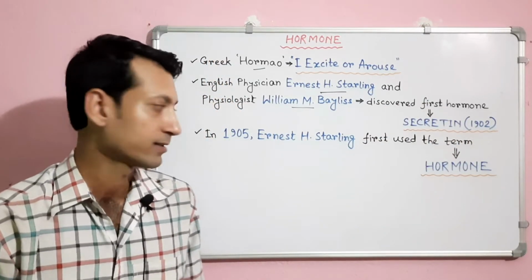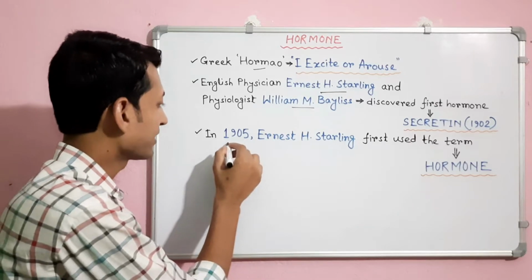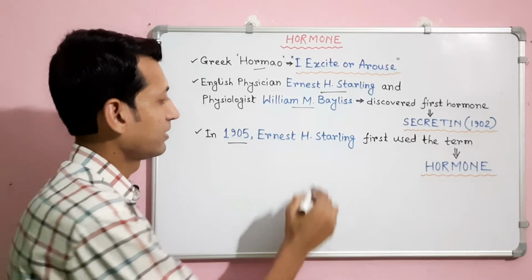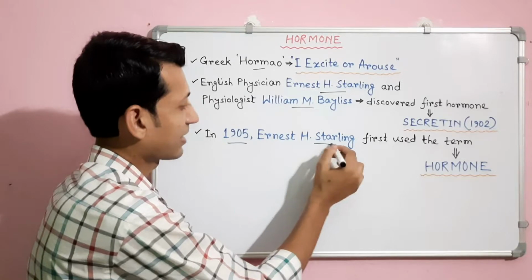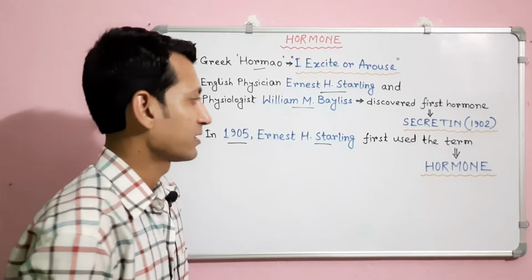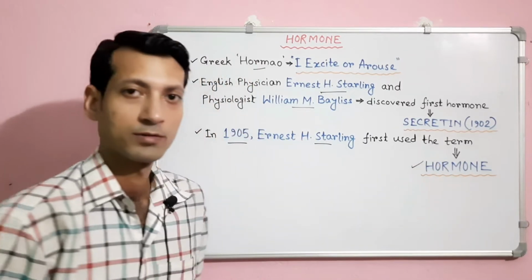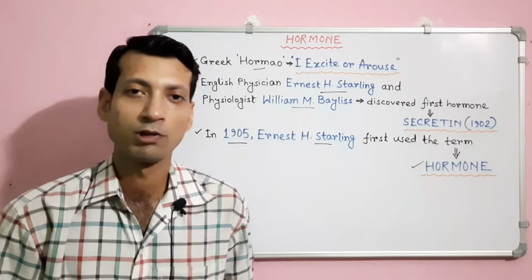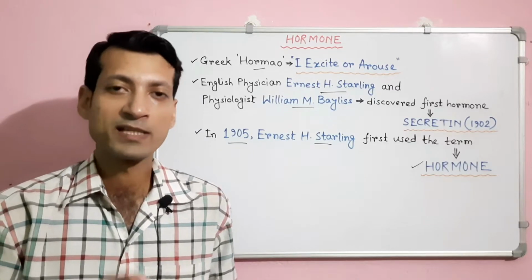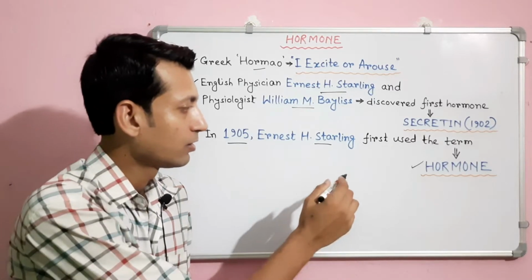Three years later, in 1905, Ernest Starling first used the term hormone. So now we will see the basic definitions of hormone.